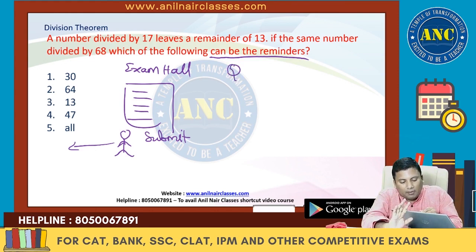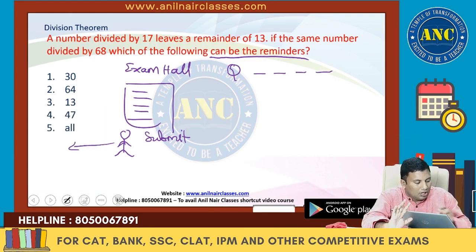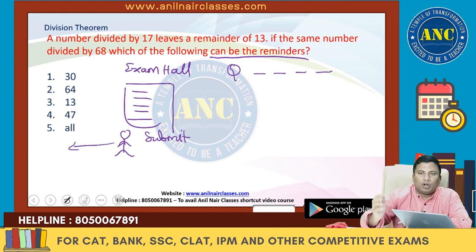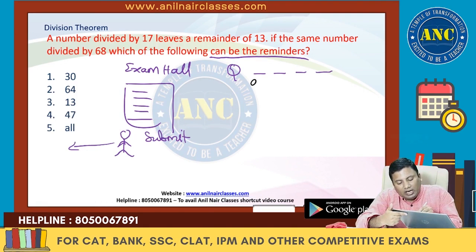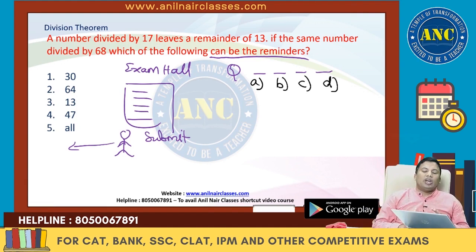Suppose one more example. In a question there are 4 options. In how many ways can you solve a question? You attempted option A, or option B, option C, or option D. Generally, a teacher who does not have a good understanding of mathematics will say there is a 25% probability to answer a question.